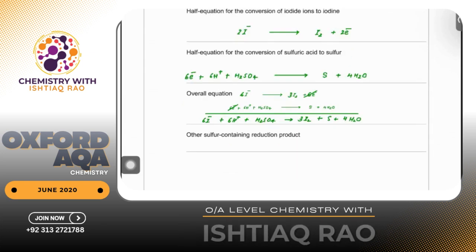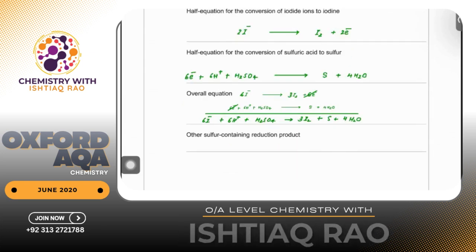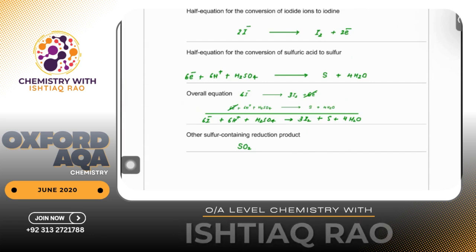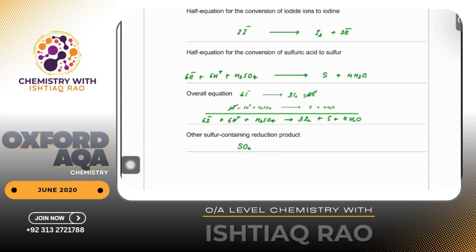So I'm supposed to take SO2, in which the oxidation number for sulfur would be plus 4. So sulfur dioxide is also a reduction product.